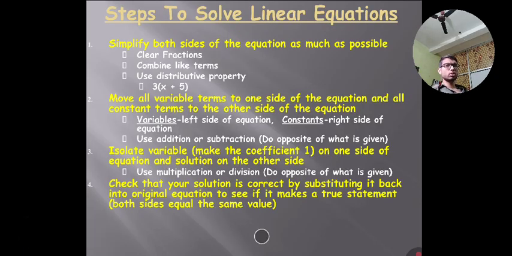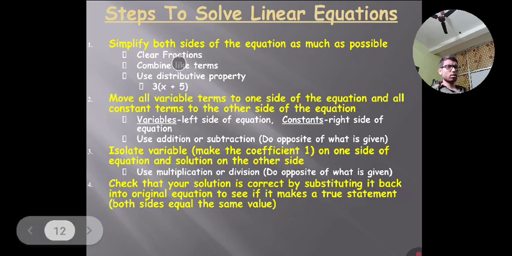Let's see the steps to solve a linear equation. Simplify both sides of the equation as much as possible. You should have a simple equation after simplifying: clear fractions, combine like terms, use the distributive property, for example 3x plus 5.